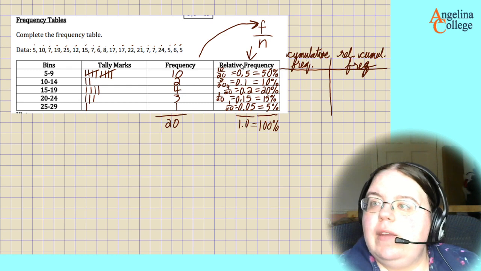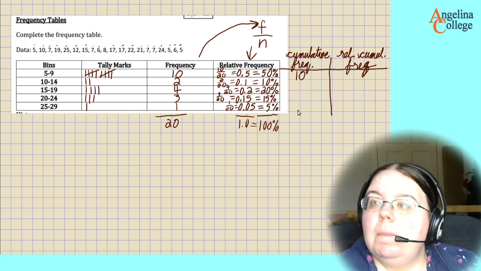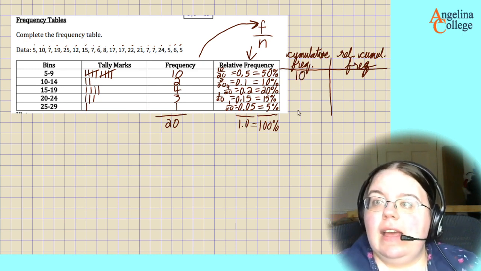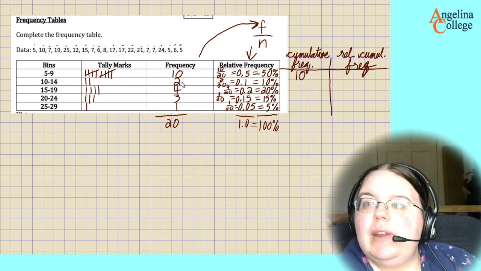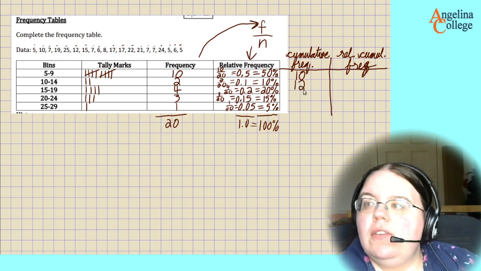So the cumulative frequency in the first line is the same as the frequency. But in the second line, it accumulates with whatever was there before. So we take the 10 we already had and add on the new 2. So that gives us a 12.